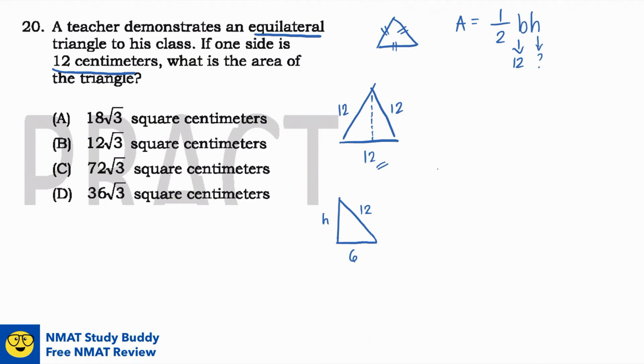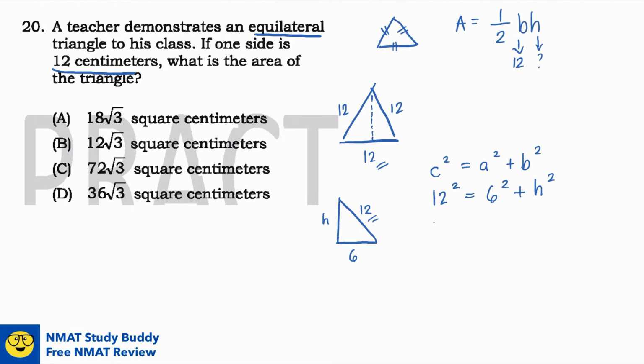So, sa Pythagorean theorem, yung hypotenuse, which is c squared, equal yan dun sa other side squared plus yung isa pang side squared. Dito, yung hypotenuse natin is yung 12. So, 12 squared equal to 6 squared plus h squared.